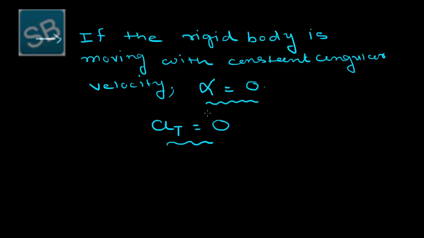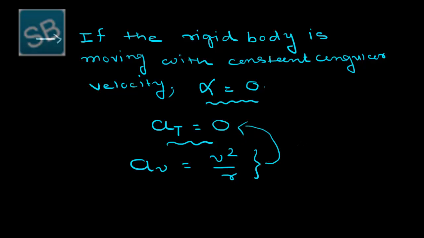But the radial component will be as it is, and so the value of centripetal acceleration in uniform circular motion, if you remember, that was v square upon r. So this is due to the reason what we have discussed over here.